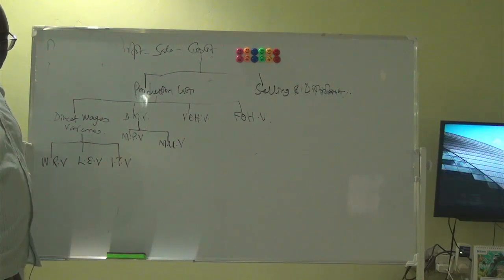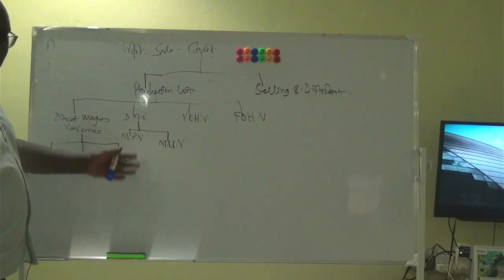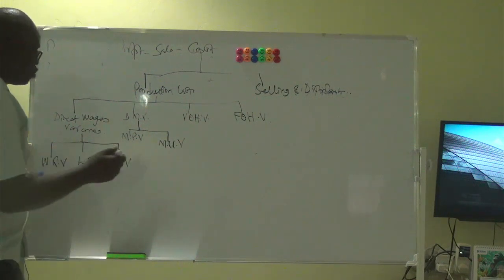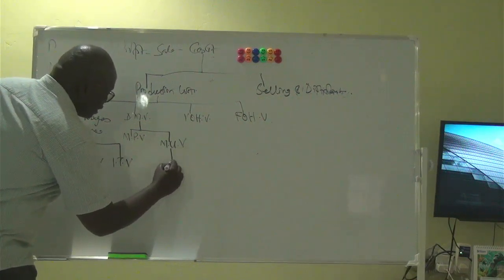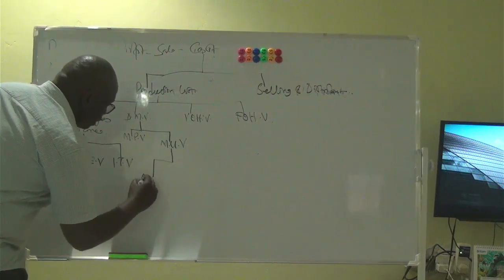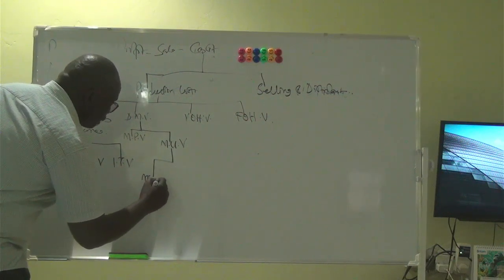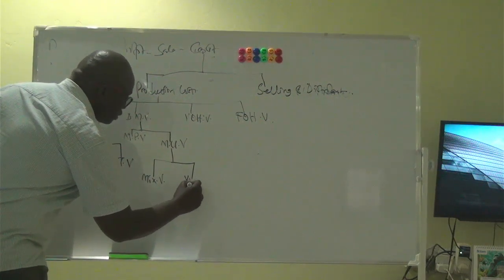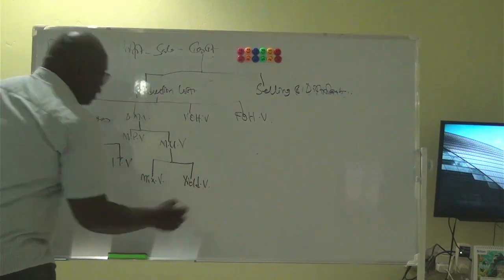Of course, the material usage variance can again be subdivided into the mixture and the yield. So if you have a material usage, we will be looking at the mix variance, and then the yield variance.